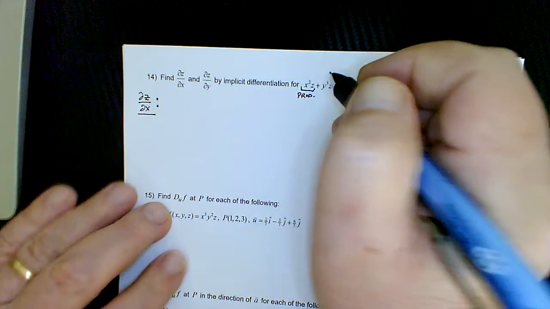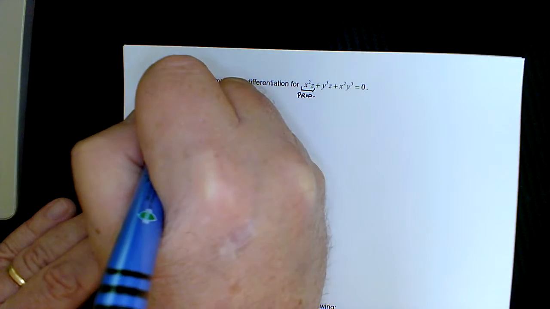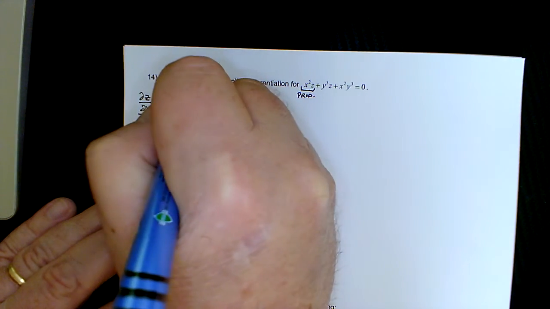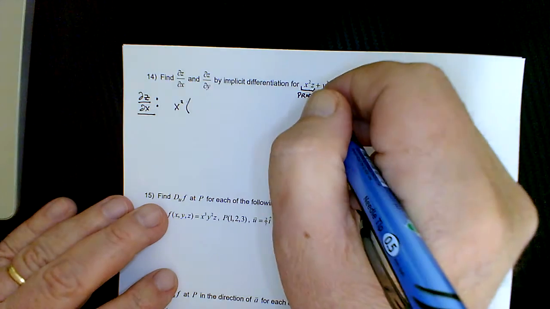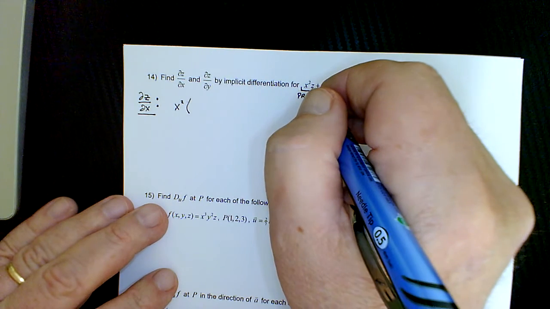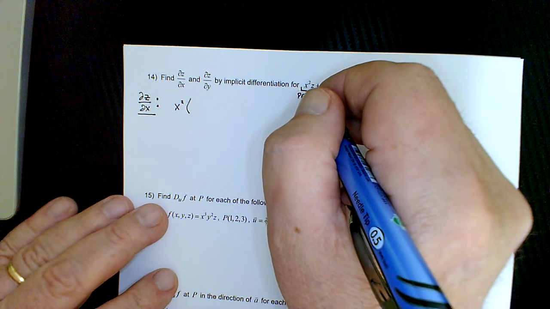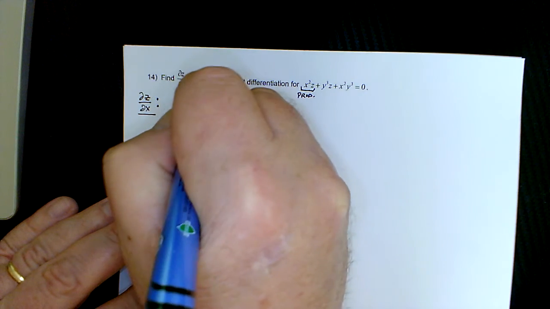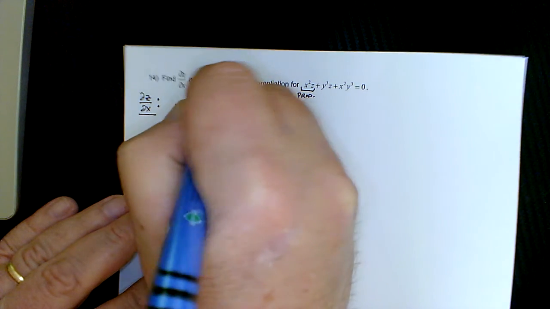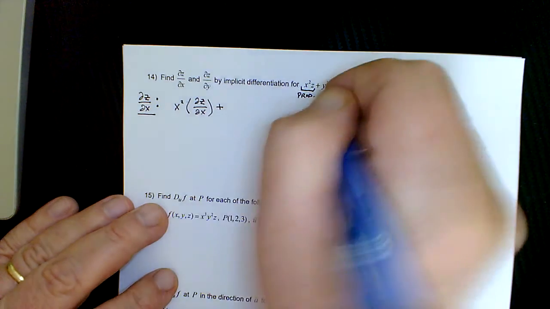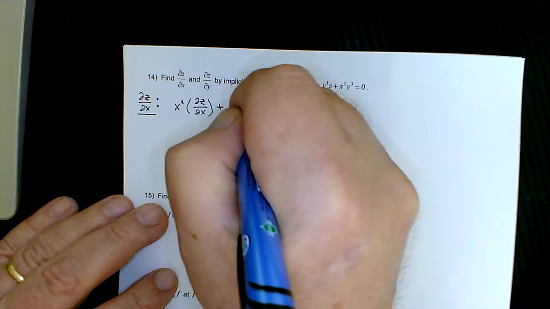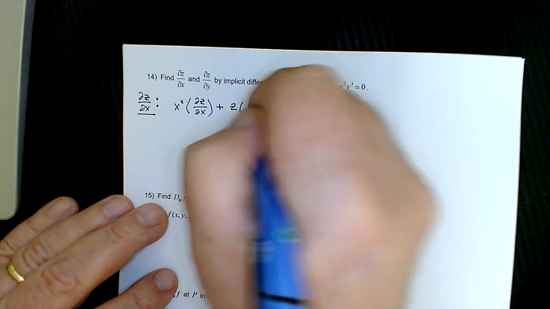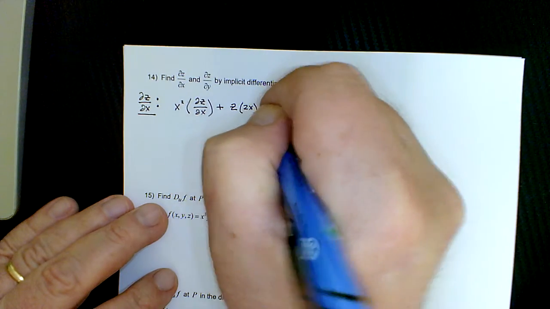So by the product rule, first factor, x squared, but then the derivative of the second is the derivative of z with respect to x. So that is the partial of z with respect to x. And then we have plus the second factor z, then times the derivative of the first, and the derivative of x squared is just simply 2x.